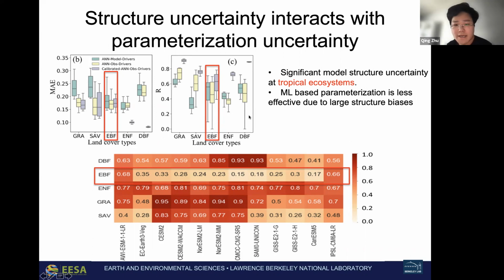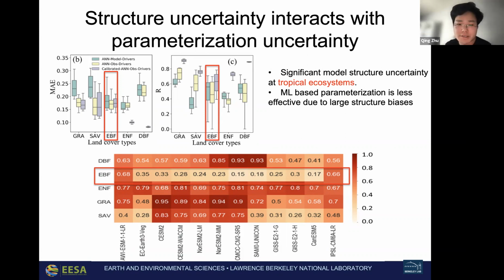But the caveat is that the structure here is emerged at the time scale of the model outputs, and also the process level of those variables at the model outputs. So if you really want to get into the detail of the model structure, we need to output more high frequency output variables, including those internal variables, so that we can really reconstruct the whole structure.